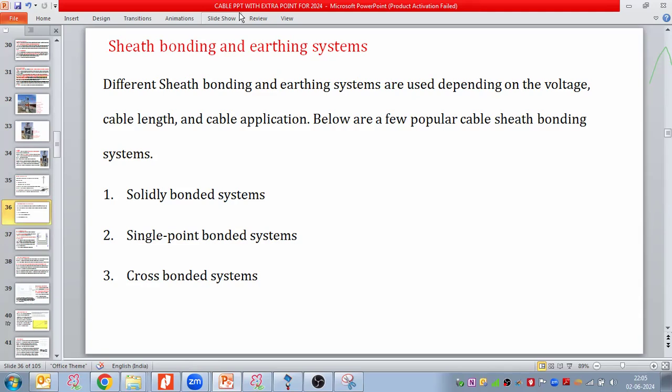Anyone who works in cable installation or erection of high voltage cable in the class, if anyone has a site photo, can they share? Is there anyone in the class?